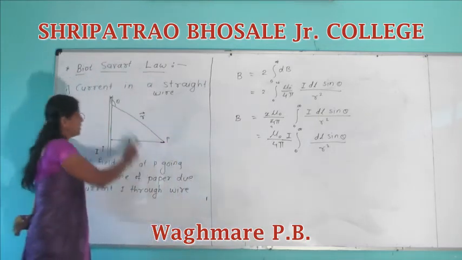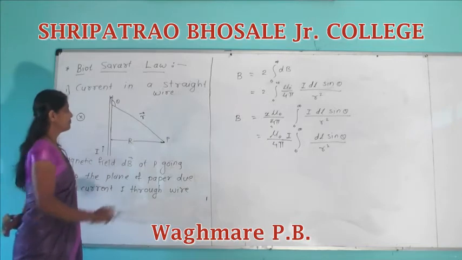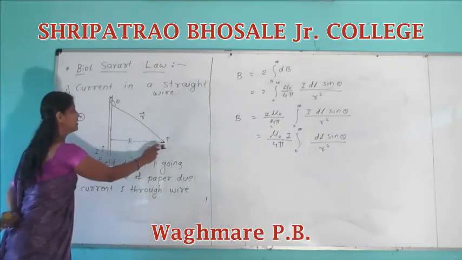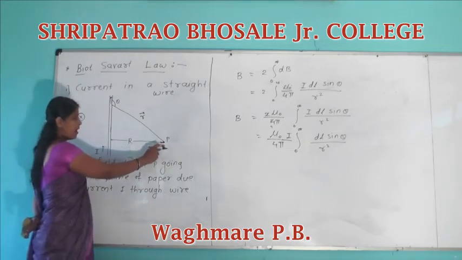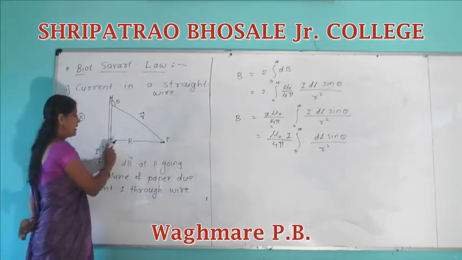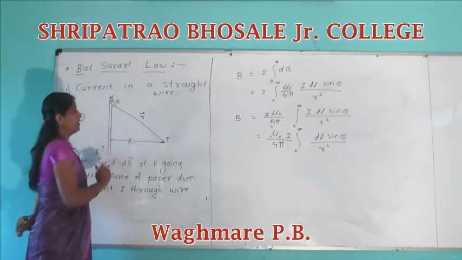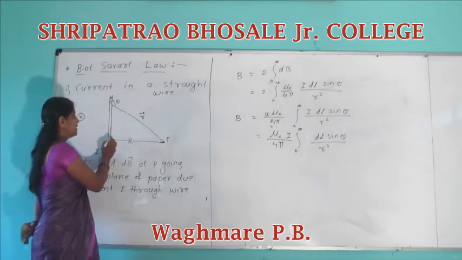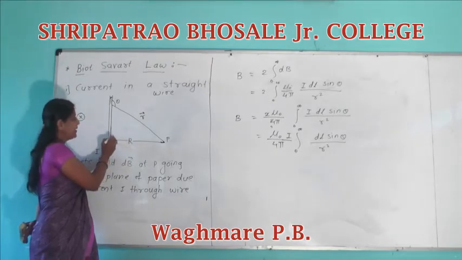By considering this figure, this is the perpendicular distance R from the point P up to the wire. From this figure, this will be a 90-degree angle.